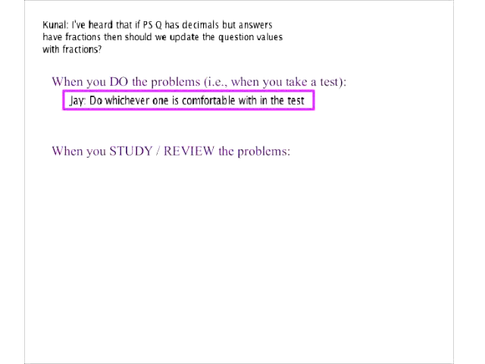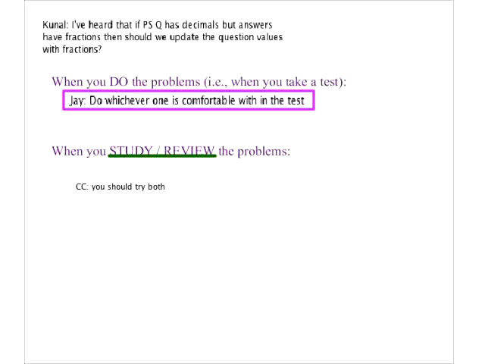Now, what about when you study or review? When you study, does anybody know what we're going to say about this? Yep, CC is pretty much on task with this. You should try both. As many as you can. Because again, remember, that's the point.